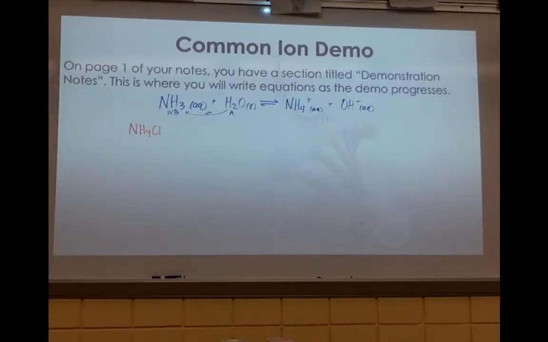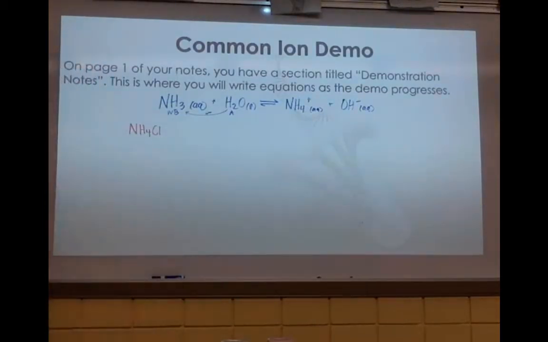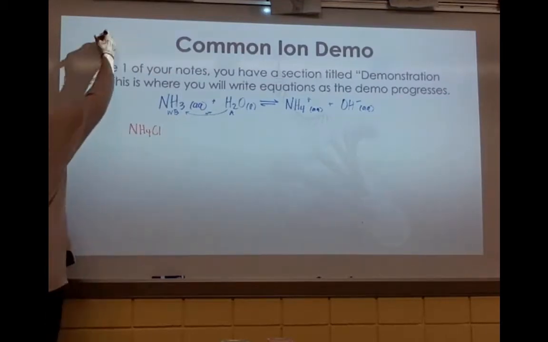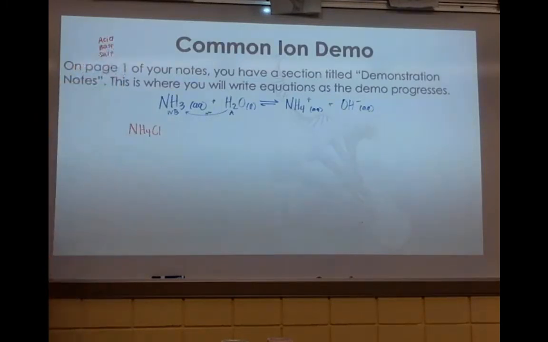Now, before we've been talking about acids, bases, and salts. So what's going to become important is that we can label one of 3 things. We can label an acid, we can label a base, and we can label a salt. Acids are a little bit easier for us to tell because they start with H's.